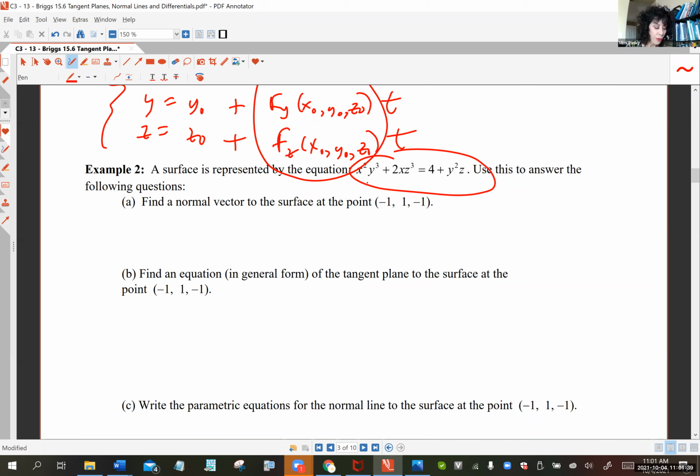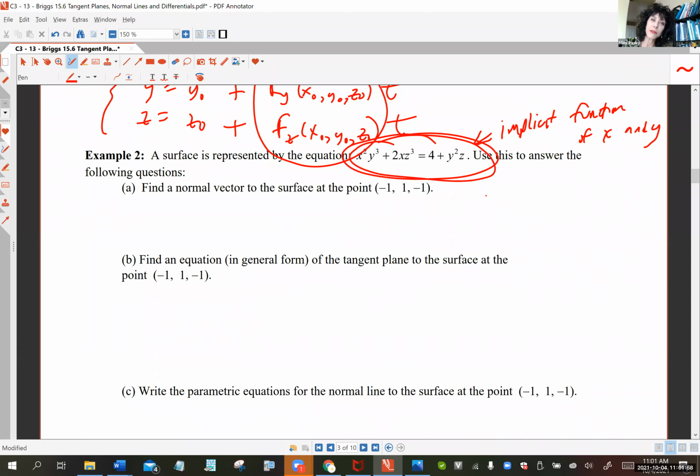What do I mean? Well, check out example 2. Do you notice that this equation is a big hot mess? And it doesn't look like z equals an f of xy. So this is an implicit function of x and y, because it doesn't have z on one side of the equation and all the rest of the junk on the other. Fine. And you already know about implicit functions because we talked about how to find the partials of z with respect to x and y.